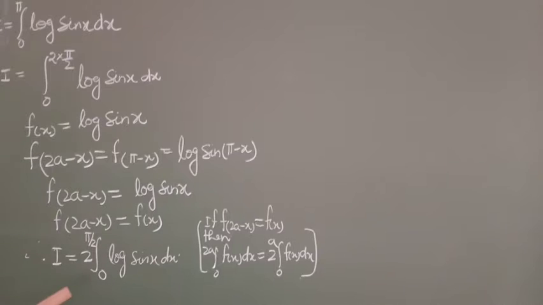Okay, now students, we are going to use the property: the integral from 0 to a of f(x) dx equals the integral from 0 to a of f(a minus x) dx. Let us use that property. I equals twice the integral from 0 to a of log sin(pi by 2 minus x).